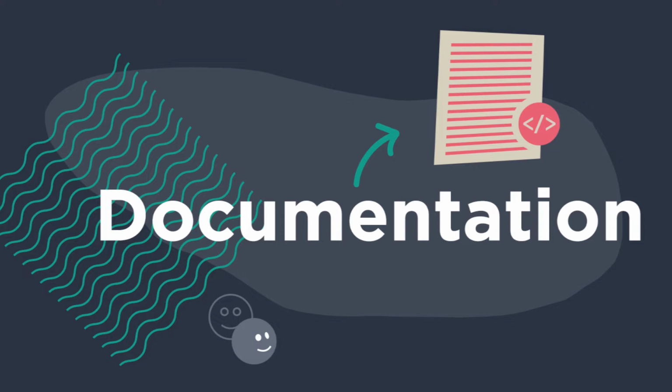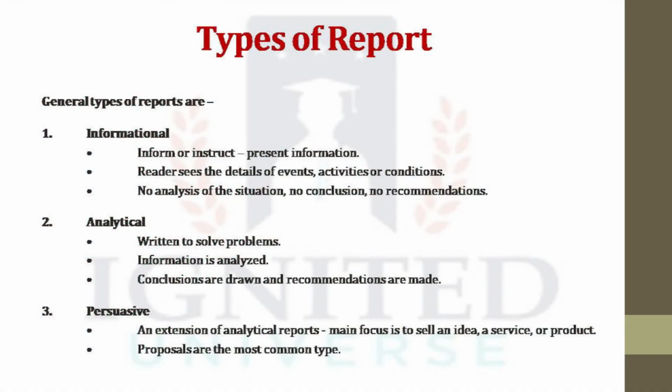However, if we go on minute classification of the reports, then the general types of reports are: first, the informational report. Informational reports are those business reports that provide facts, data, feedback, and other types of information without analysis or recommendations. So that means the reports without recommendations and analysis are the informational reports.